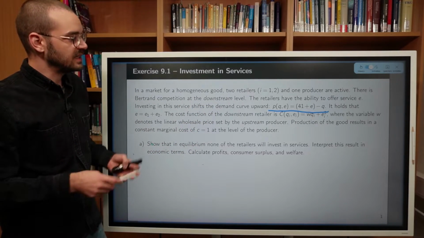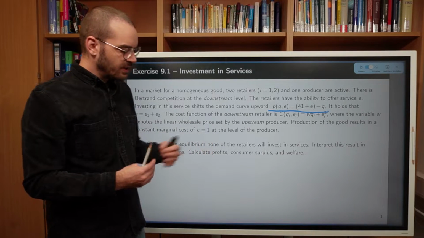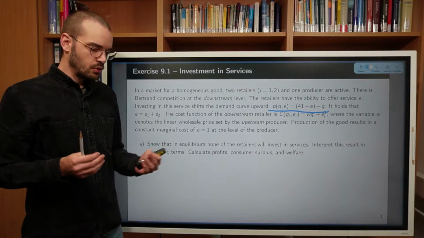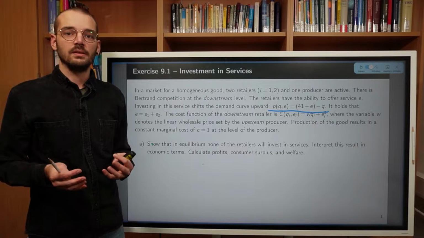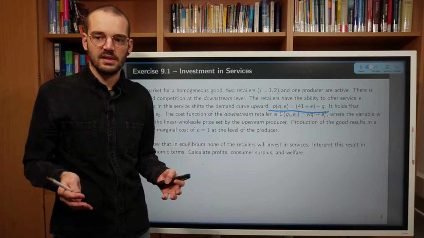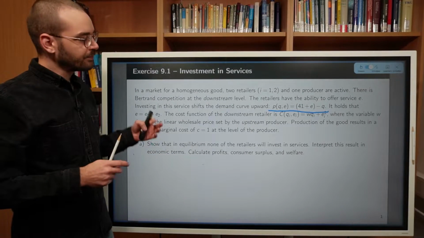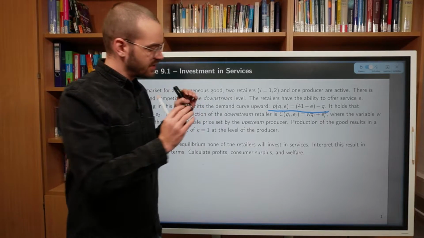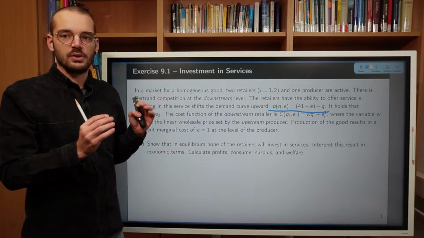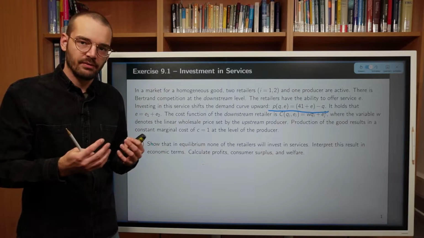And what this means is that if any firm decides to set a positive amount E, or to invest into services any amount, they will shift the demand function outwards, which of course affects both firms.